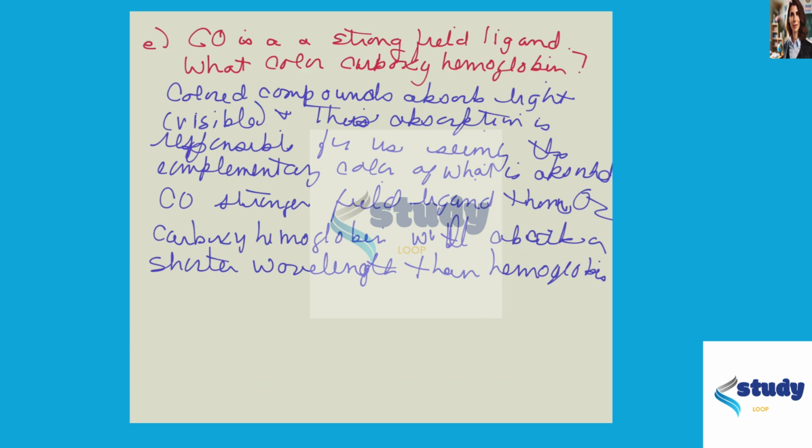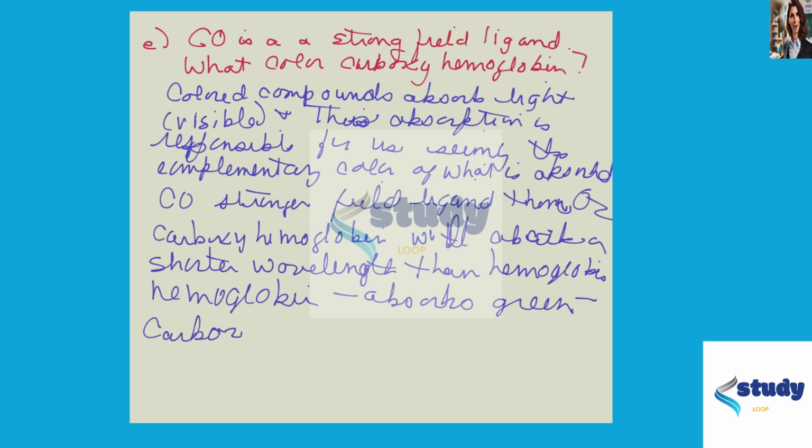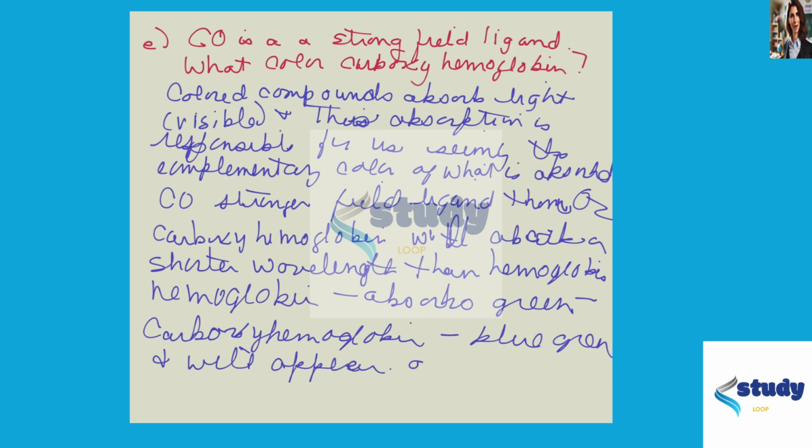Hemoglobin, we said, absorbs green, blue-green, so the carboxyhemoglobin will absorb something a little above that, maybe blue-green or blue, and will appear probably in orange-red. Orange or orange-red.